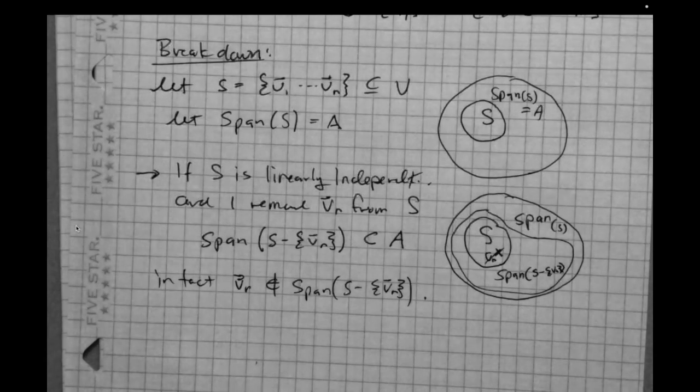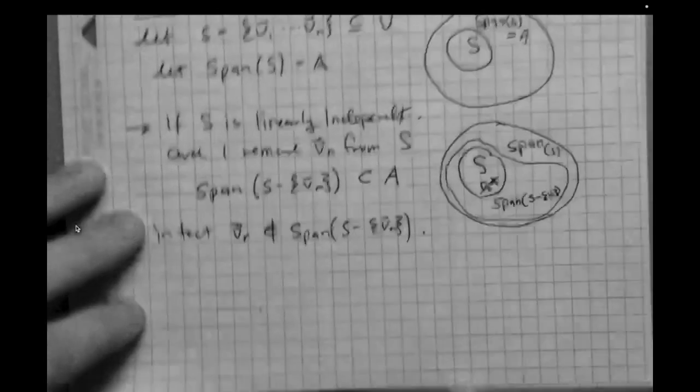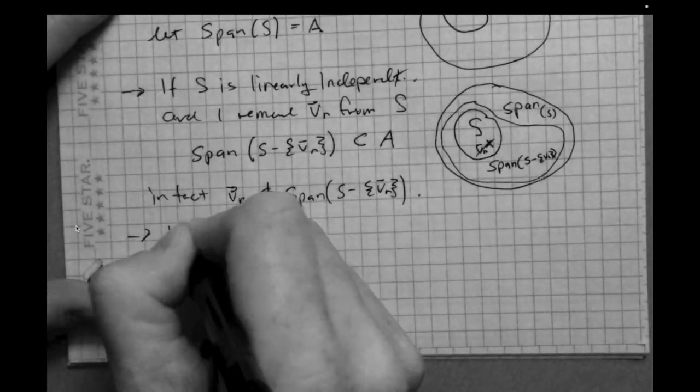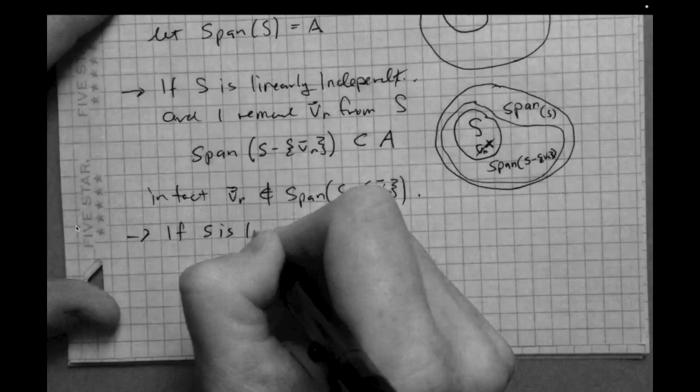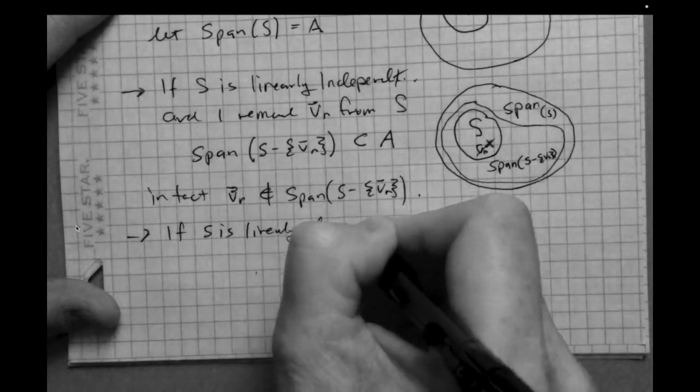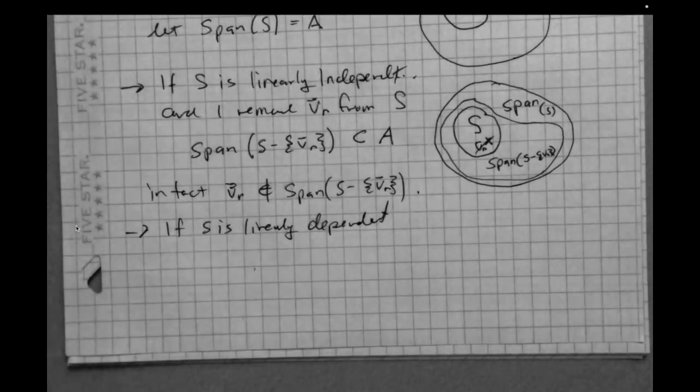All right. So that's the case where S is linearly independent. But if S is linearly dependent, the situation is quite different. If S is linearly dependent and, let's just assume without loss of generality, Vn happens to be the vector that can be written as a linear combination of the others, so Vn is somehow redundant.